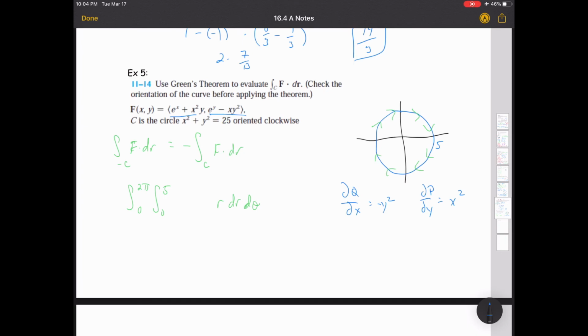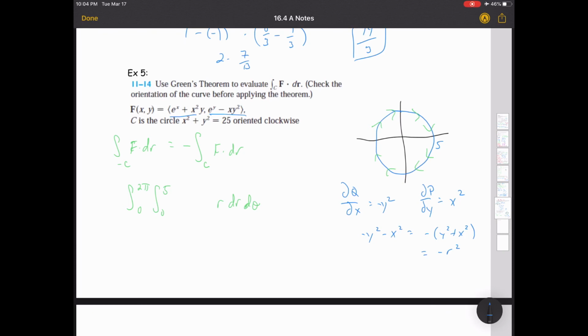So what we're going to get is dQ/dx minus dP/dy, negative y squared minus x squared, which is really the same thing as the negative of y squared plus x squared, which in polar is the negative of r squared.